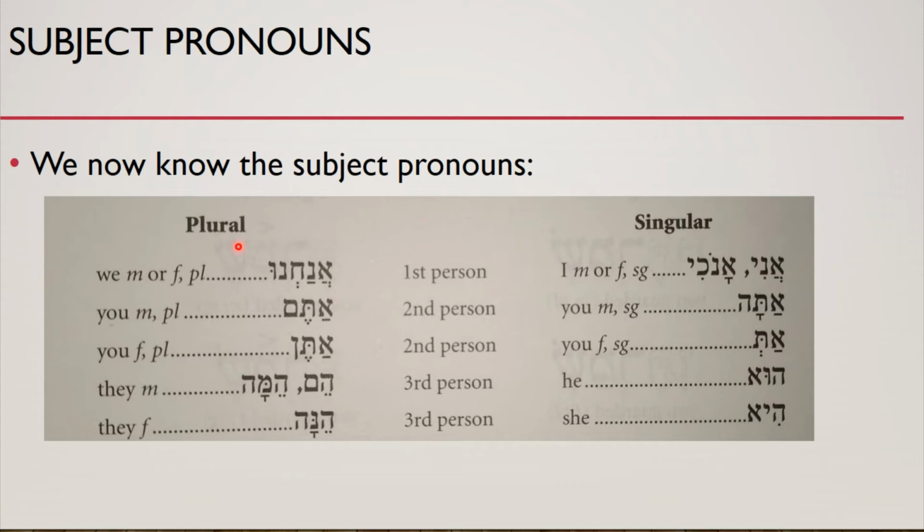We also have first person common plural, anachnu. We have second person masculine plural, atem, second person feminine plural, aten, third person masculine plural, heim or hema, and third person feminine plural, hena. And we're going to come back to these in just a second.